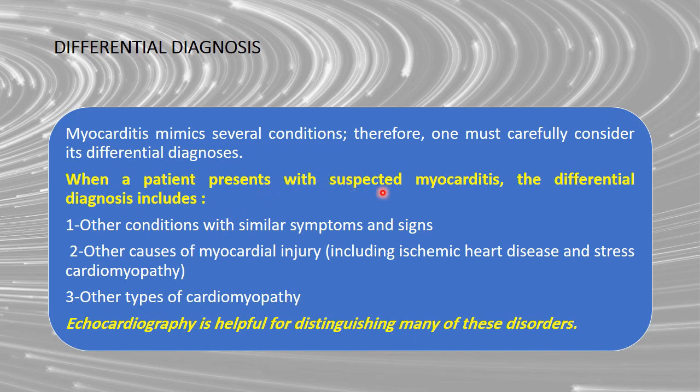When a patient presents with suspected myocarditis, the differential diagnosis includes: number 1, other conditions with similar symptoms and signs, number 2, other causes of myocardial injury, including ischemic heart disease and stress cardiomyopathy, and finally other types of cardiomyopathy. Echocardiography is a very helpful tool for differentiation of many of these disorders.